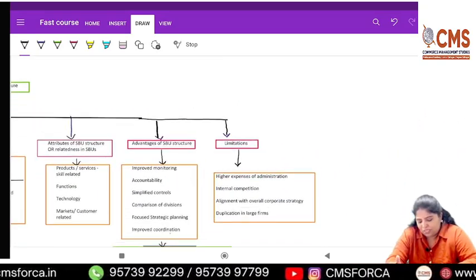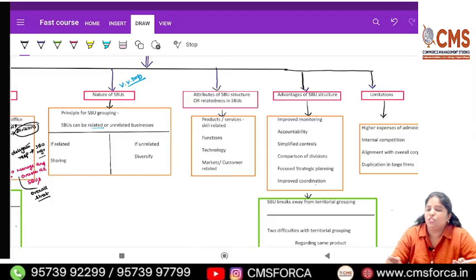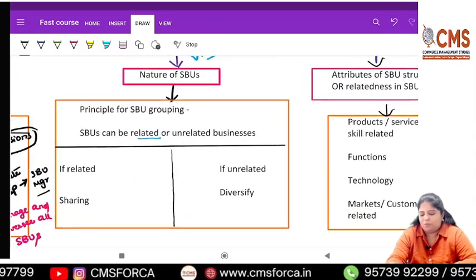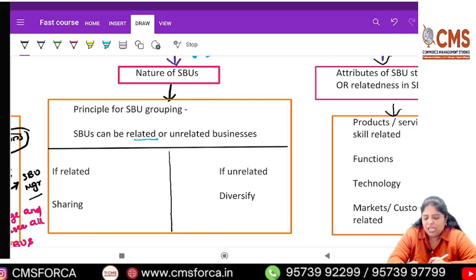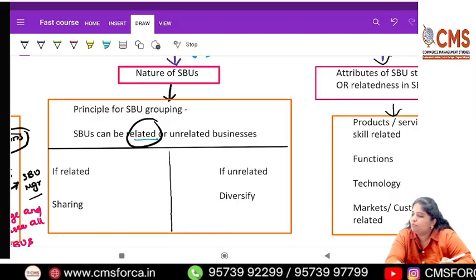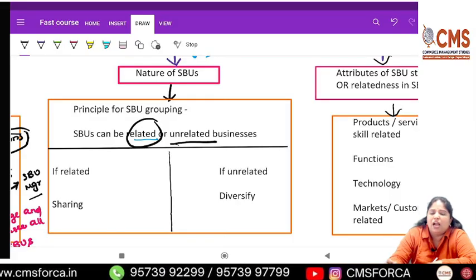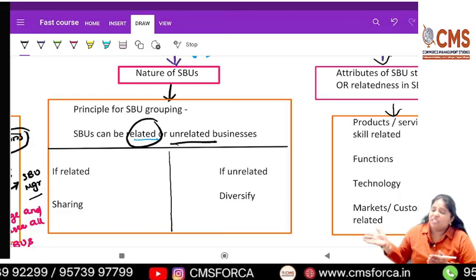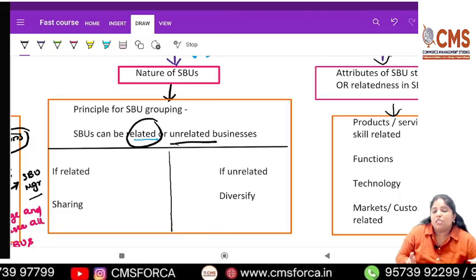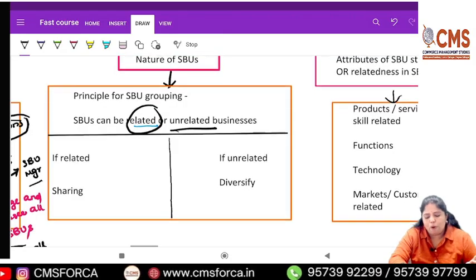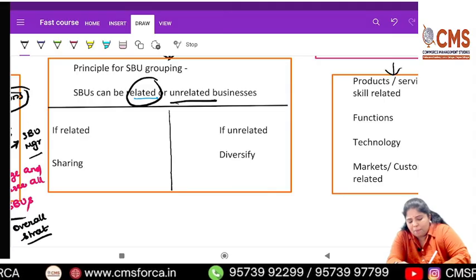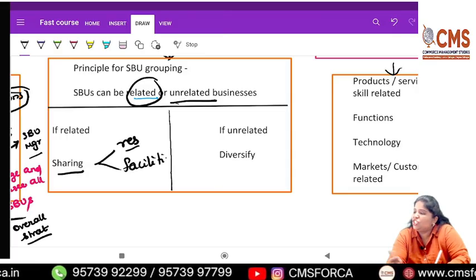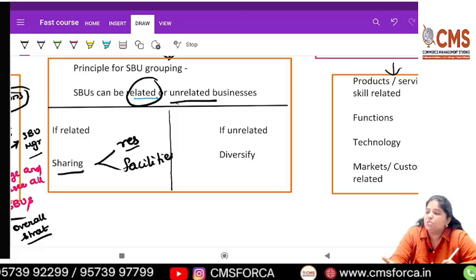Now let's proceed further, and after finishing the SBU structure, we will get back to the example and go through that. Let's talk about the nature of SBUs. SBUs can be a group of related businesses or a group of unrelated businesses. Now let's talk about the significance of each type of grouping. If your SBU is a group of related businesses, you can have proper sharing of resources and facilities, channels, manufacturing skills, manpower, everything.